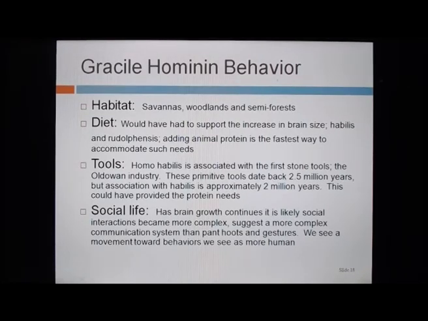Tools. Now if we get into Homo habilis, away from Australopithecines and Paranthropus, the first genus Homo is Homo habilis, associated with the first stone tools, which is why it gets the genus Homo, and the brain size is up to 700 cc's. So it is a larger brain. Also, the brain's being wired differently.